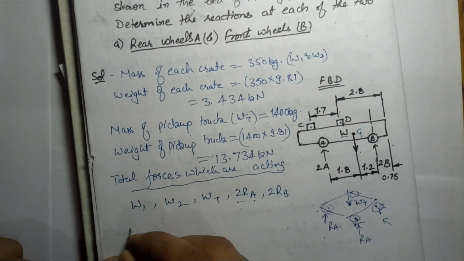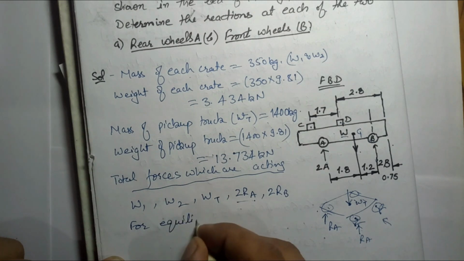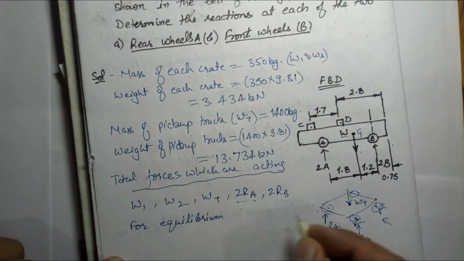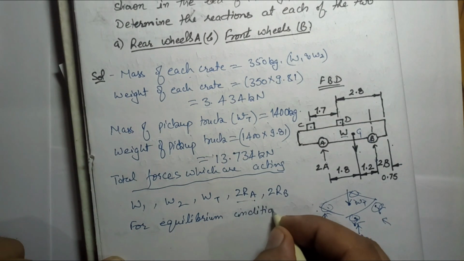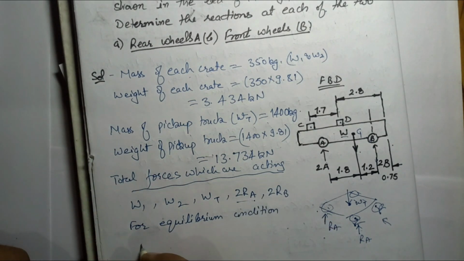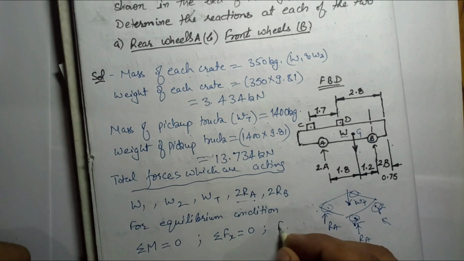Now we know that for equilibrium condition we have to solve these reactions. So for equilibrium condition, summation of moment of forces is equal to 0, summation of Fx, x component of all forces, is 0, then summation of y component of all forces is 0.